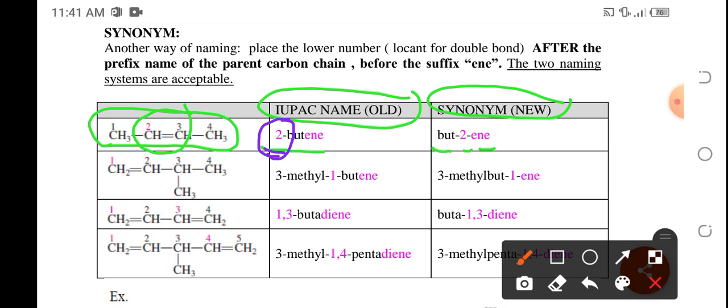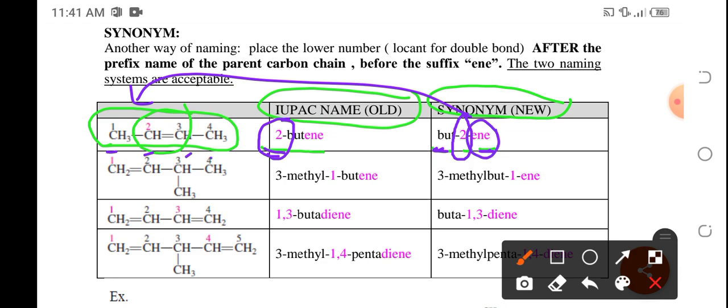Yung sa new system, ini-insert dun sa pagitan ng count ng carbon atom, but, at yung suffix na ene. So itong but-2-ene, dinidenote niya ang 4 carbon atoms, but, 4 carbon atoms.